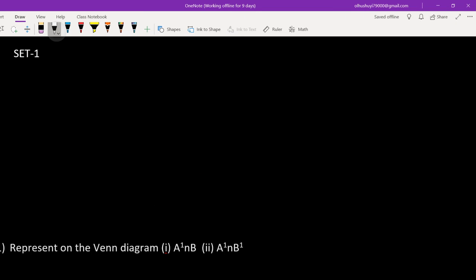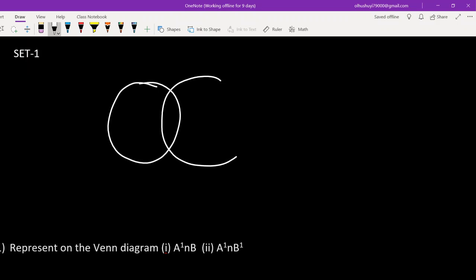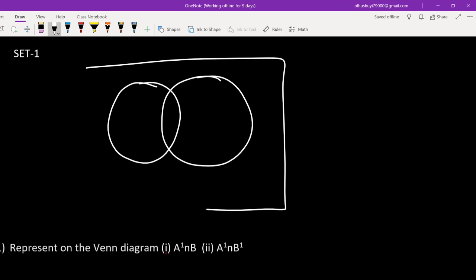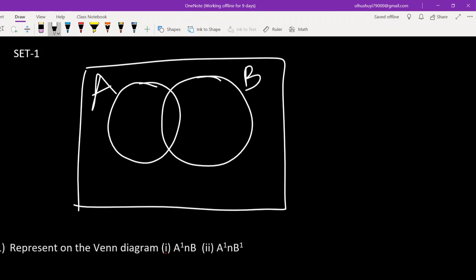You have A complement intersect B. So let's say we have this to be A, this to be B, all enclosed here. This is A, this is B, and our universal set is here.